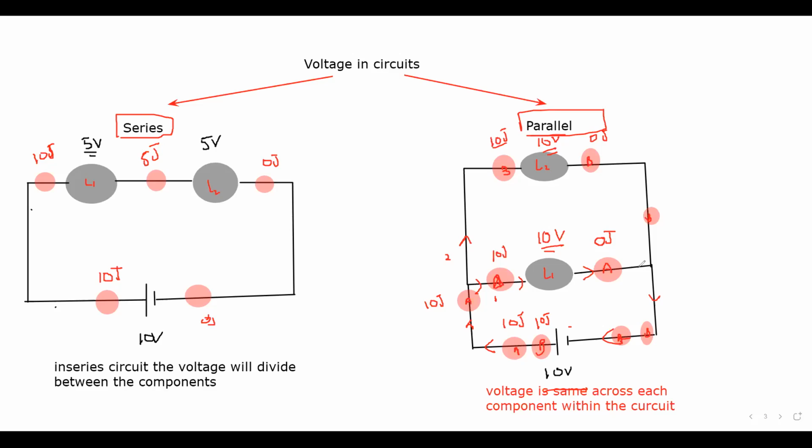So in parallel, the lamps have a higher potential difference, or more energy transferred by 1 coulomb of a charge. But you may have a circuit which is a combination of series and parallel. So what happened?